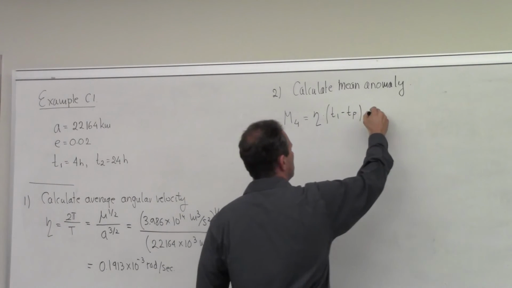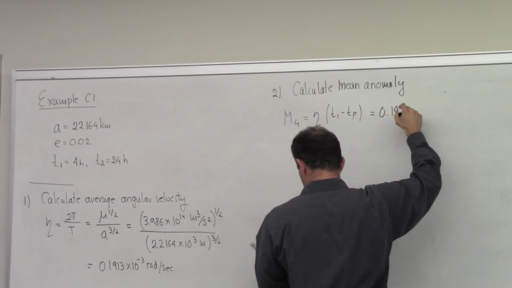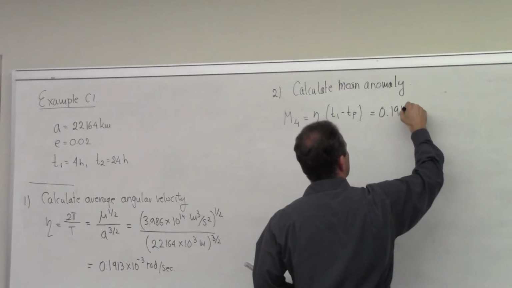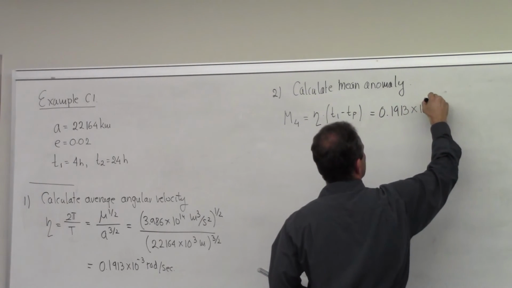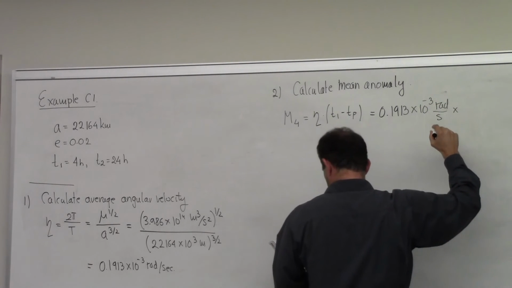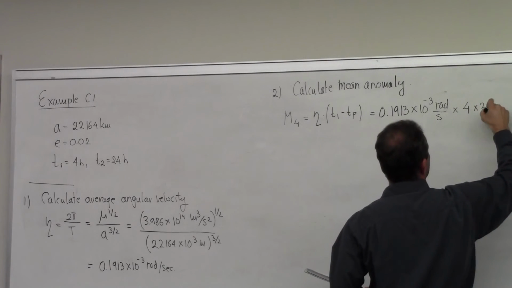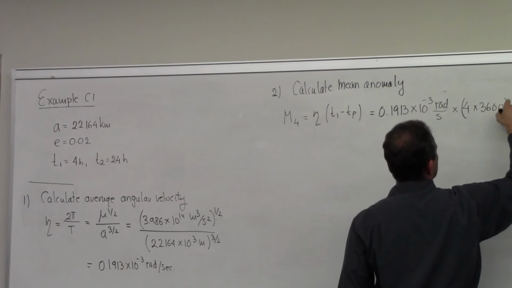So this gives me a mean anomaly of 0.1913 times 10 to the minus 3 radians per second times 4 times 3600 seconds, right?